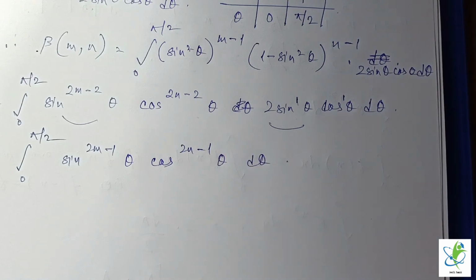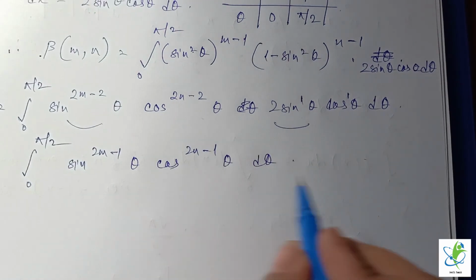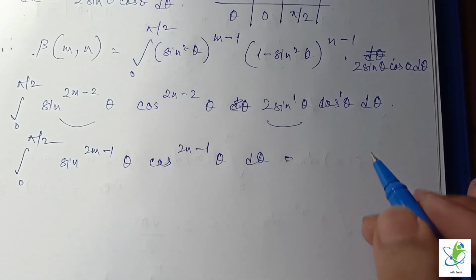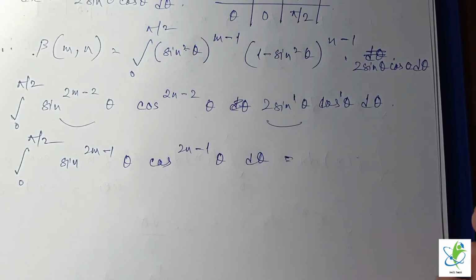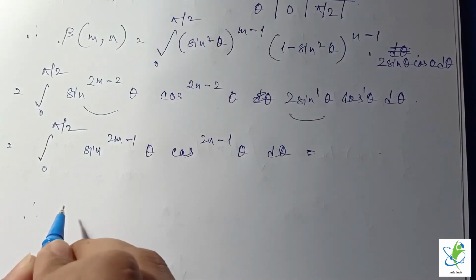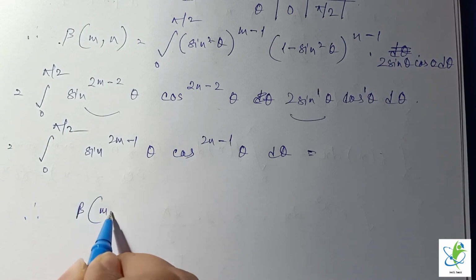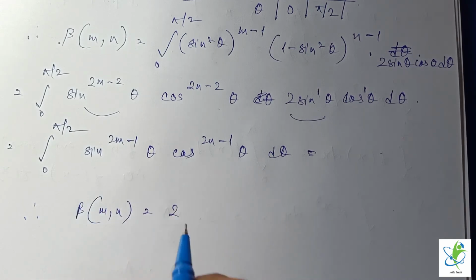So this is basically the form of beta function with respect to sine and cosine. Therefore beta mn equals to 2.